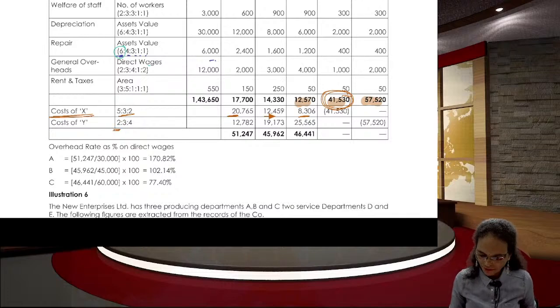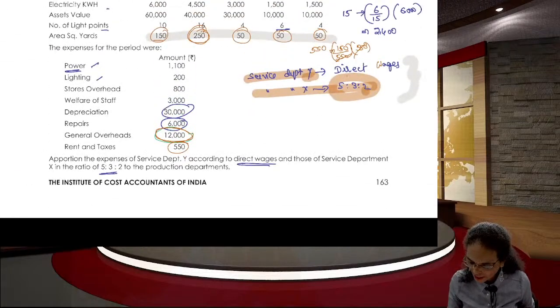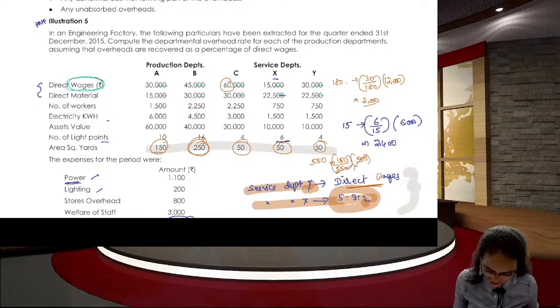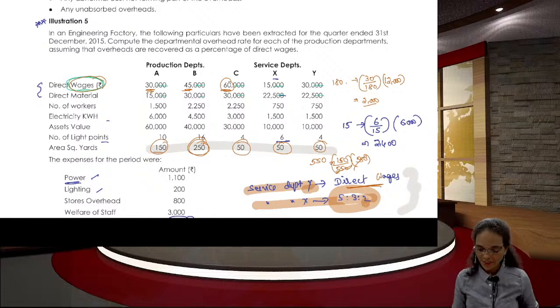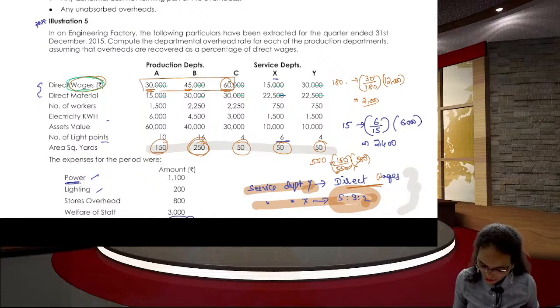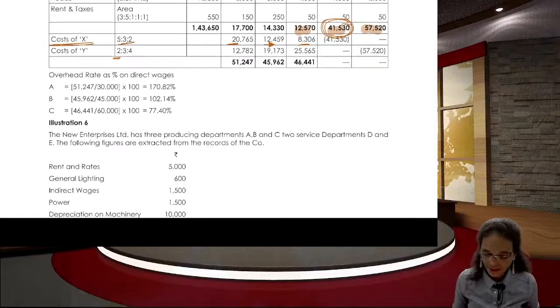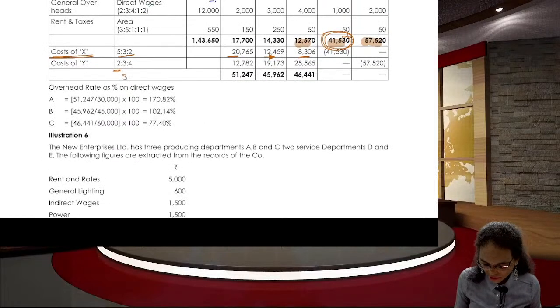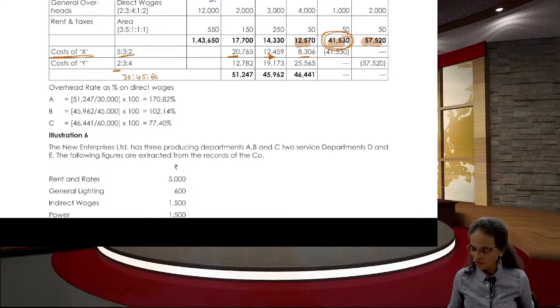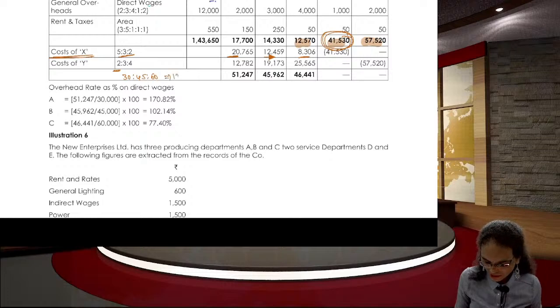Then service department Y, what is the information given on the direct wages? Come back here, direct wages here. So 30, 45, 60, and don't go to the service departments again. Only in this ratio, only to the production departments you need to distribute. Allocate 30, 45, 60. Don't take any LCM and all. 30, 45 and 60, not an issue. You can write like this also, 30 plus 45 plus 60, that is nothing but 135.